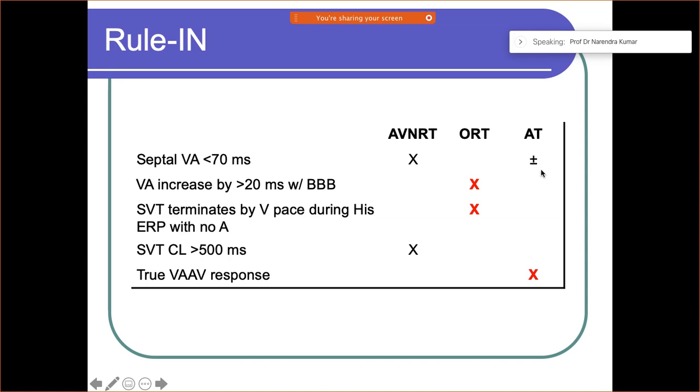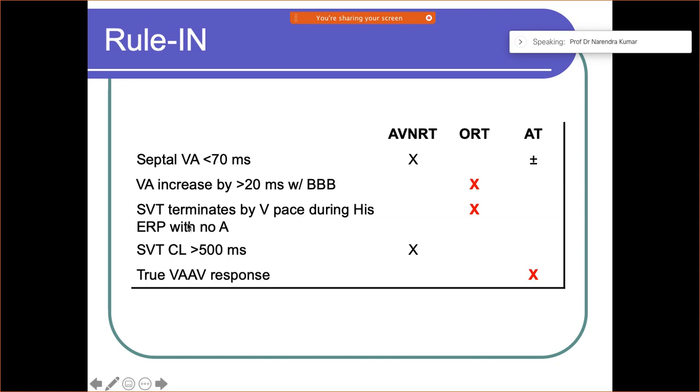Really, atrial tachycardia can also be there. Similarly, with bundle branch block development, if the VA interval increases by 20 milliseconds, that is again predictive for orthodromic reentry tachycardia.